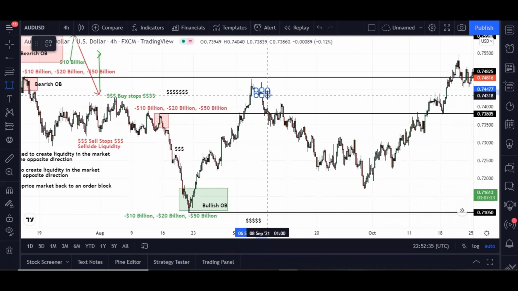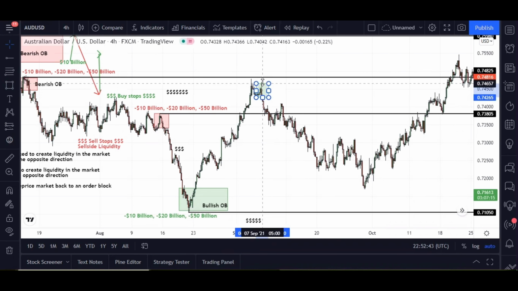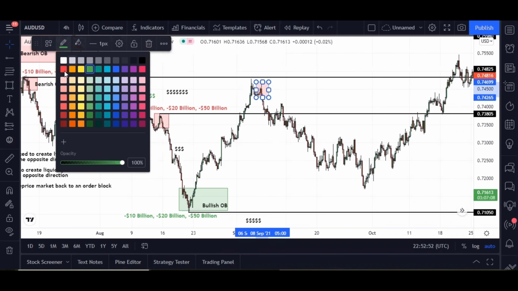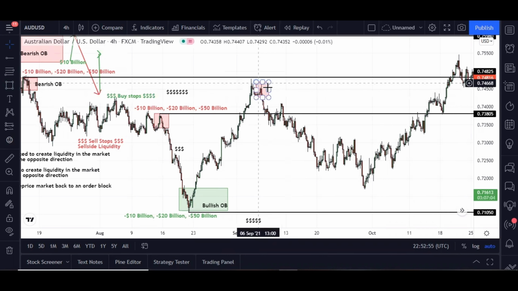All right. It don't have to be the biggest candles in the world, right? So we have another order block here, another bearish order block specifically.